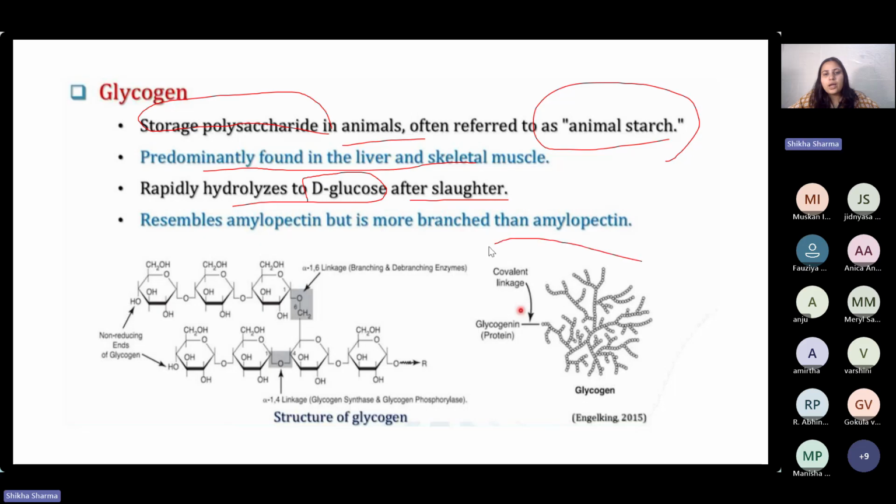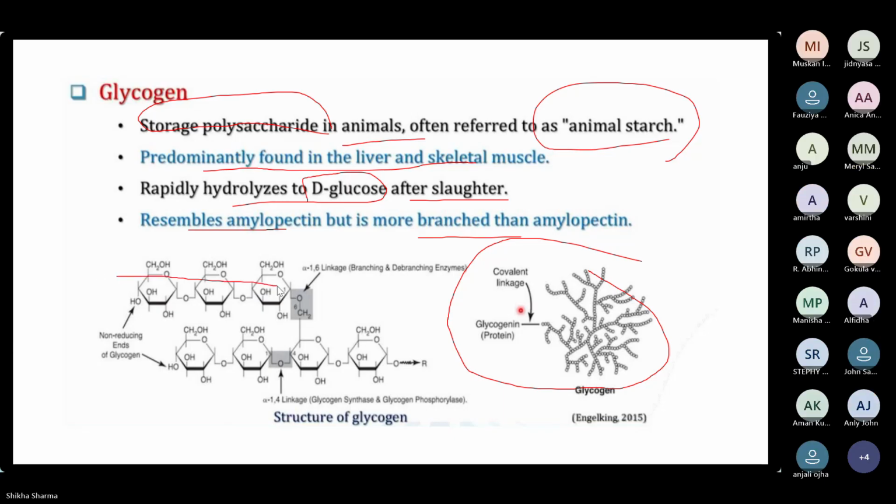So this is glycogen. It resembles amylopectin, but it is even more branched than amylopectin. Like this, there will be different linear chains and branched ones.